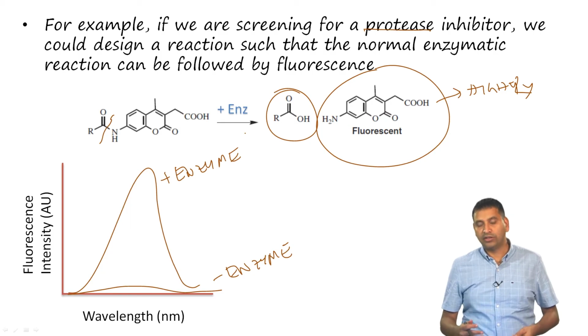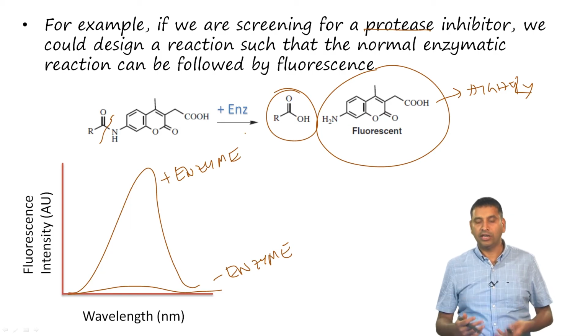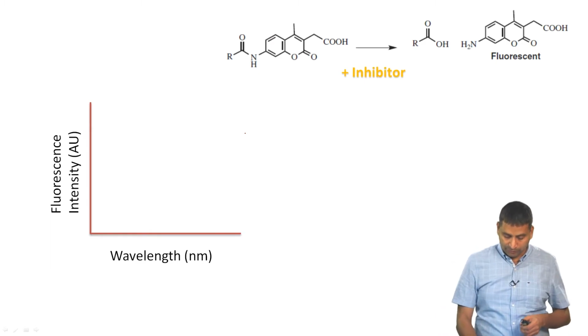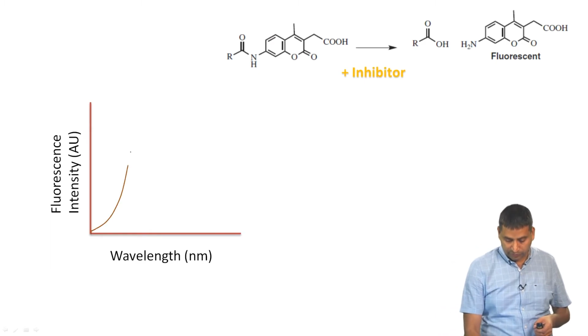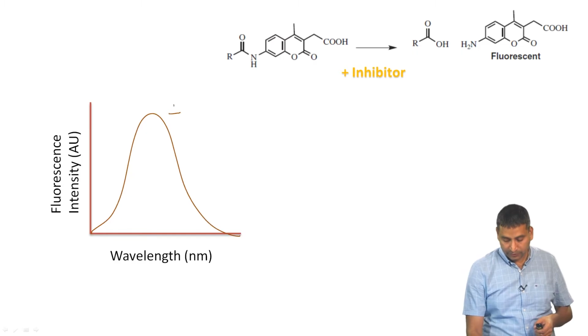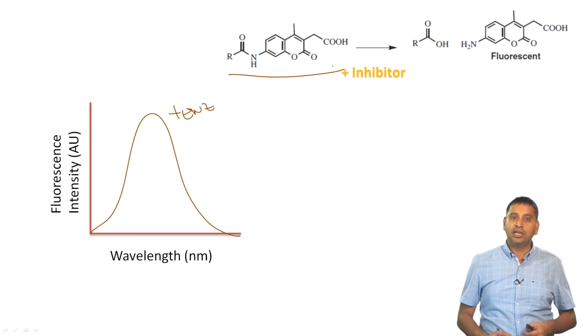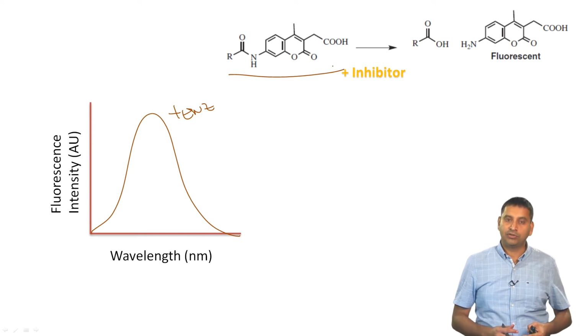Now, using this, one can start screening for inhibitors. The way we would do this is that you would carry out the same experiment, that is, in the presence of the enzyme and in the presence of this substrate, and then you start screening for inhibitors.